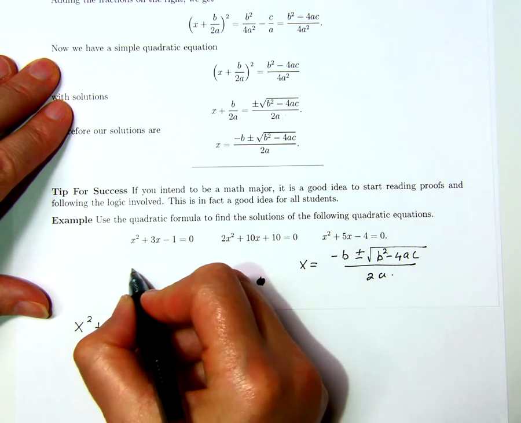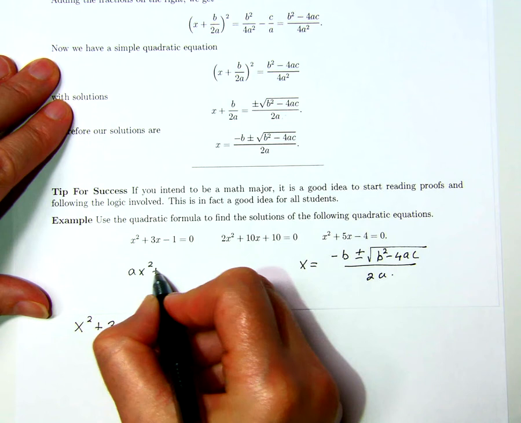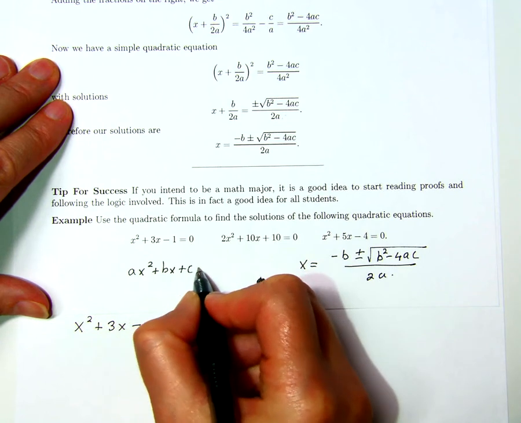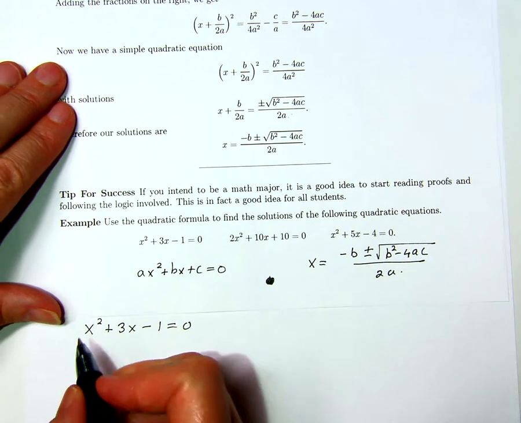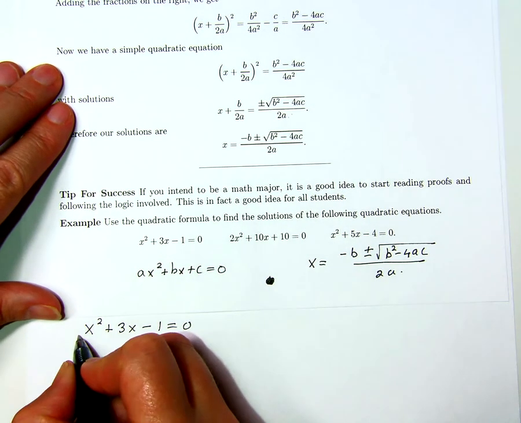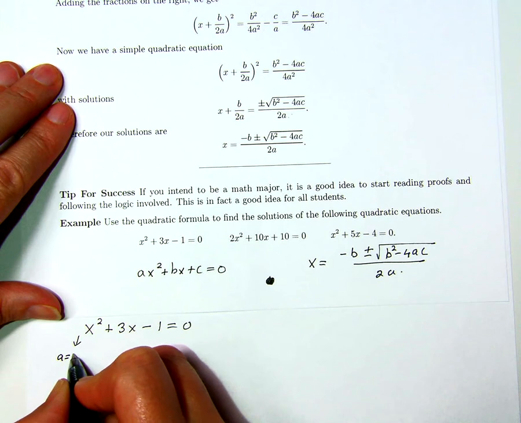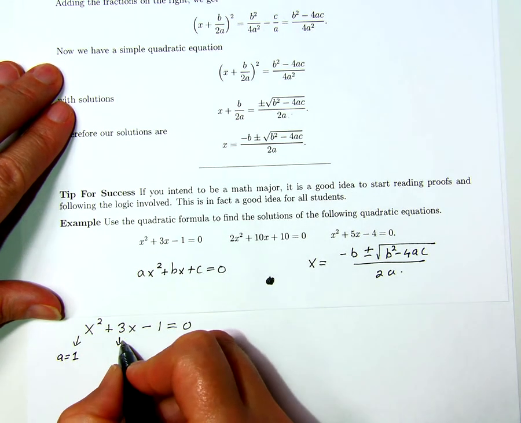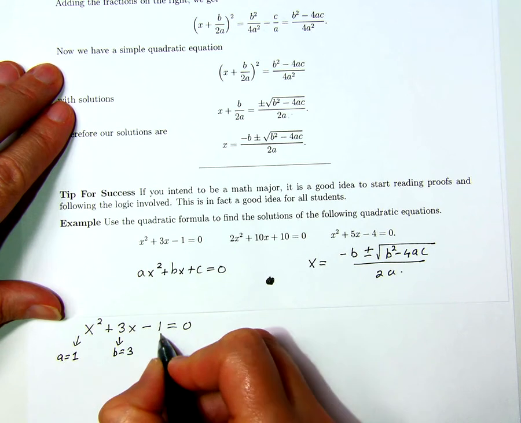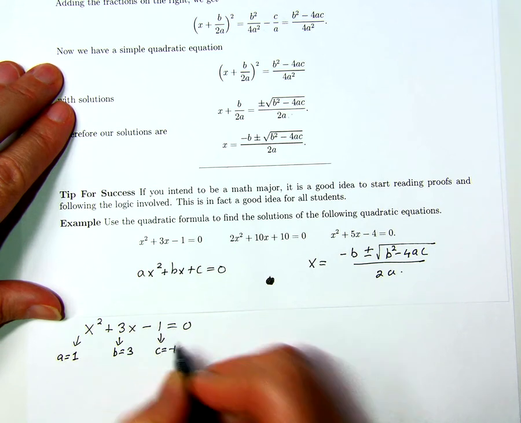And that's the solution of the equation ax squared plus bx plus c equals 0. Now the question is, what's the a, b, and c here? So a doesn't show up, but it's equal to 1, and b is 3, and c is negative 1.